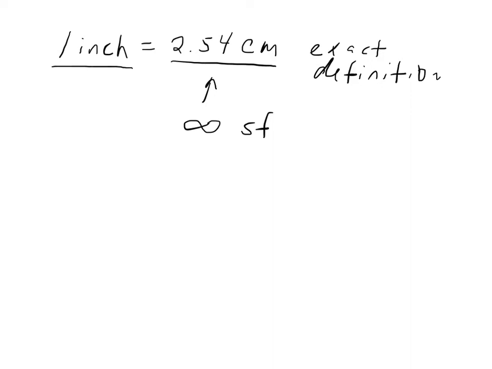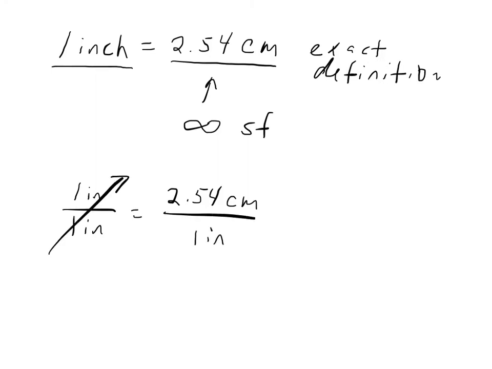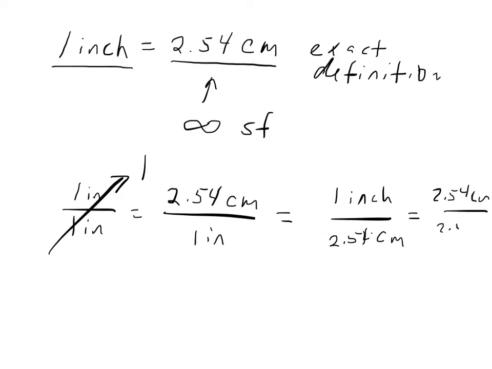If I divide both sides by 1 inch, I get 1 inch over 1 inch equals 2.54 centimeters over 1 inch. Now 1 inch over 1 inch is 1. Or I could divide both sides by 2.54 centimeters, in which case I get 1 inch over 2.54 centimeters equals 2.54 centimeters over 2.54 centimeters, which again is equal to 1.